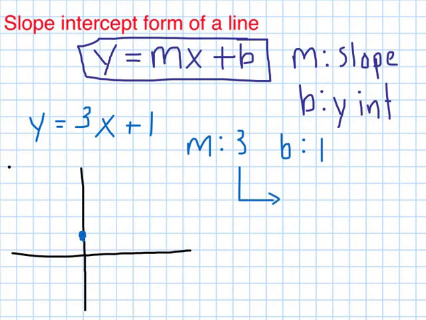So my slope here, it's rising 3, then we are running 1. So we're going to go 1, 2, 3 up, rise 1. This time I'll make sure I put my point in the right spot, right there. And you can do that one more time. It goes up. Or you can even go left 1, down 3. And then you have your line here. You've graphed your line really fast using your slope and your y-intercept.